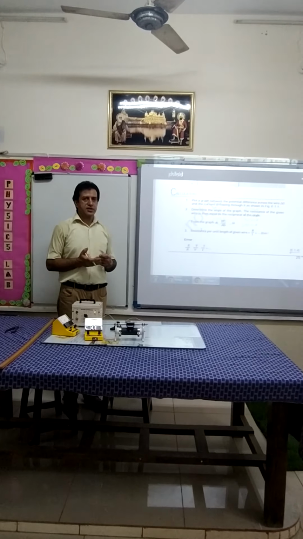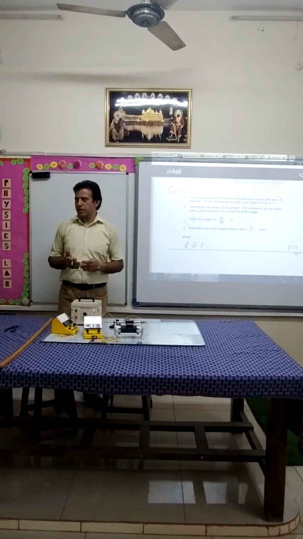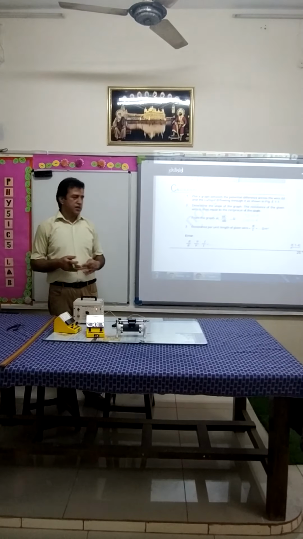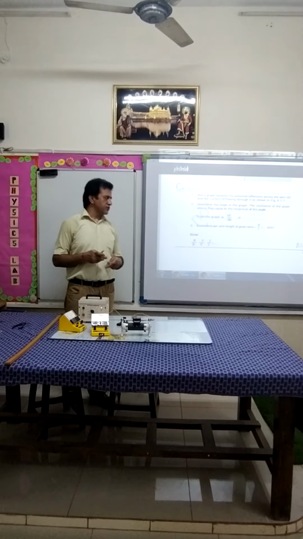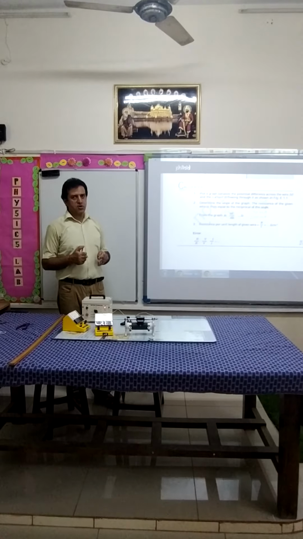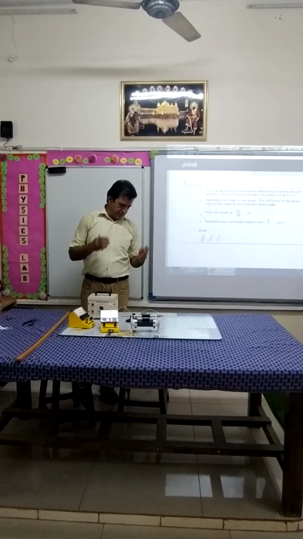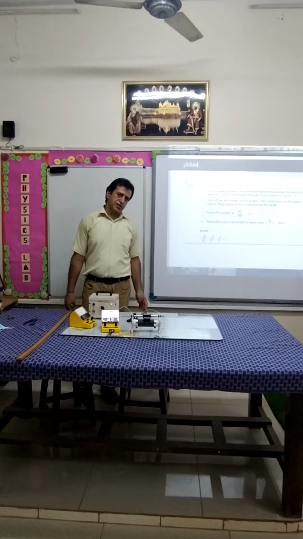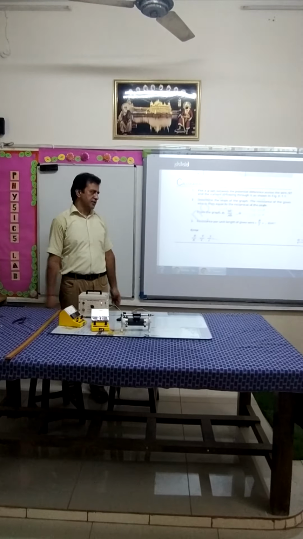From the straight line graph we can find the slope of the graph, the reciprocal of the slope will give the resistance, and with the help of resistance we can find the resistance per unit length of the given wire for the uniform cross sectional area, and that will give you the specific resistance or the resistivity of the wire. So the unit of the specific resistivity is ohm per centimeter.